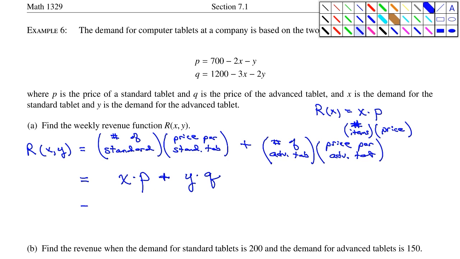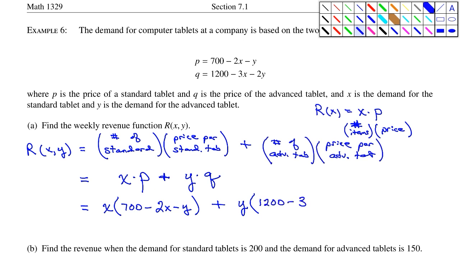In this case, we're going to get X times the price P, so 700 minus 2X minus Y, plus the number of advanced tablets, Y, times Q, the price for the advanced tablet.